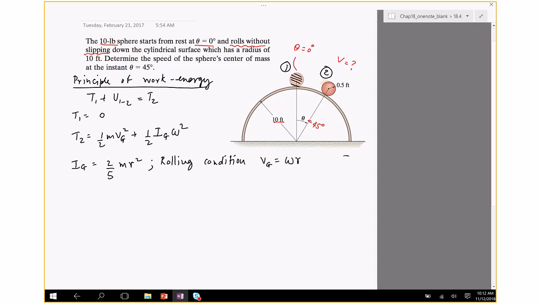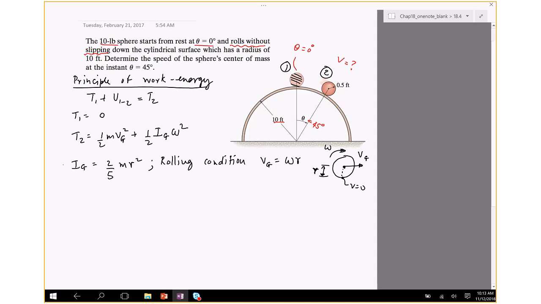So think of it this way: if this is the velocity of the center of mass, then this point is at zero speed, so v equals omega times r, where r is the radius. That's similar to acceleration of the center of mass being alpha times r. If you take the derivative of this, you'll get a equals alpha r.